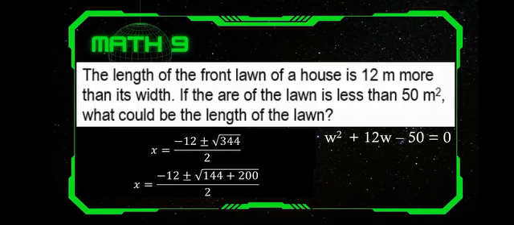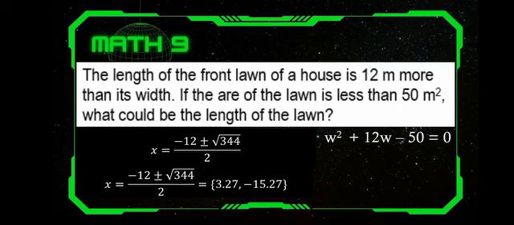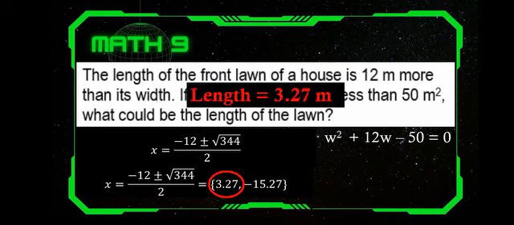Add: square root of 344. 344 is not a perfect square, so that means our roots are two real and irrational numbers. So simplify further using your calculator. It will give us the roots 3.27 and negative 15.27. And this is your answer for the width, that is 3.27. The length rather, which is 3.27.